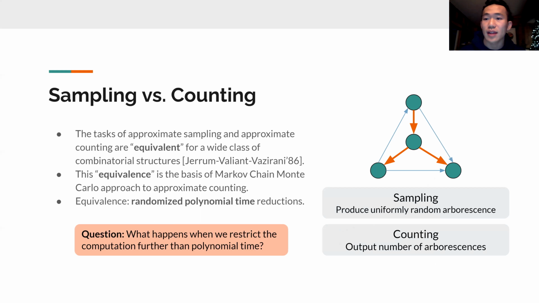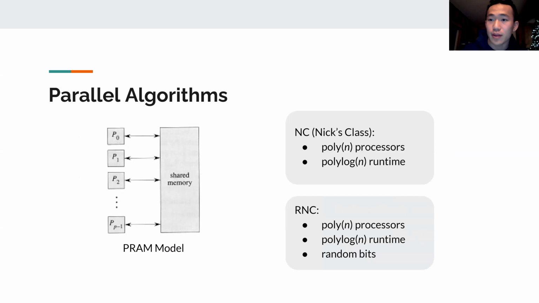For a large class of problems, these two tasks of counting and sampling are essentially equivalent up to a polynomial time reduction. But once we restrict our computation a bit further, the picture gets a bit more messy. Specifically, if we look at parallel algorithms, we're working in a PRAM model.